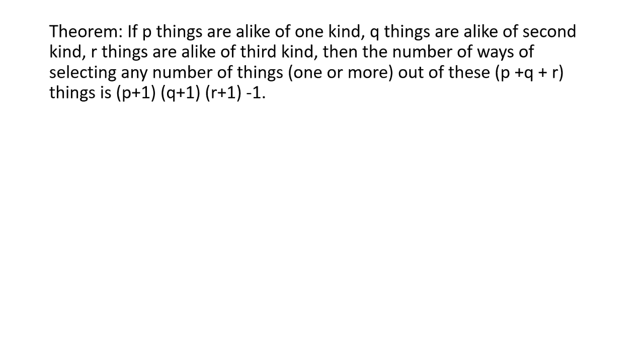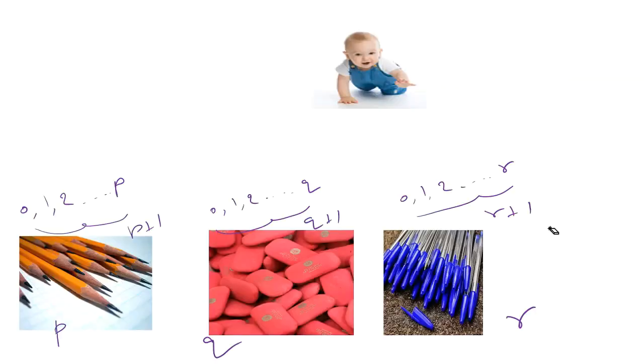Okay, so I am explaining the proof of this theorem using this picture. Suppose you have p pencils and q erasers and r pens, and there is a little boy. He wants to grab these objects. In how many ways can he grab these objects? That is the question. He can take 0 pencils or 1 pencil or p pencils.